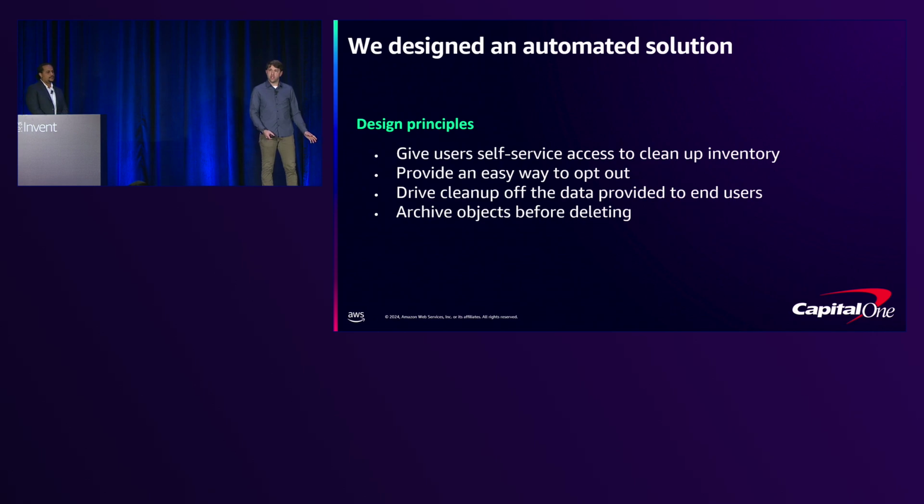We wanted to provide an easy way to opt out of cleanup, either on an ad hoc or a permanent basis for critical yearly or quarterly reporting. We wanted to drive the cleanup directly off of the data the end users were accessing. And then we also wanted a way to archive all of the dashboards that were being cleaned up so they could easily be retrieved if they needed to be restored.